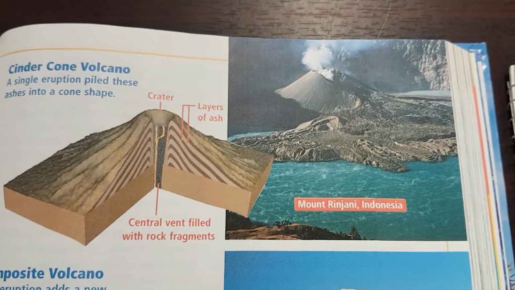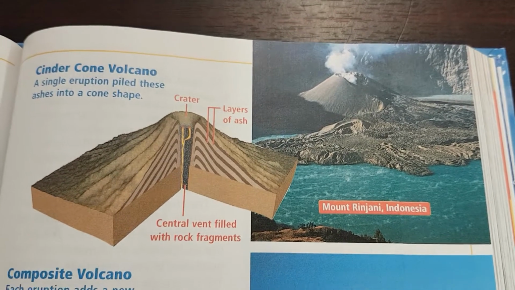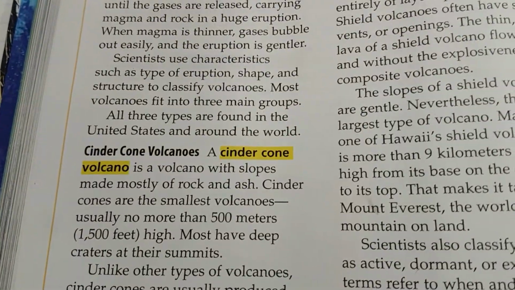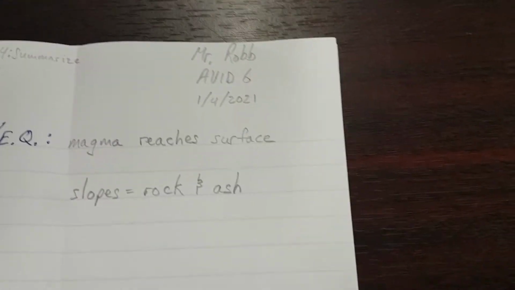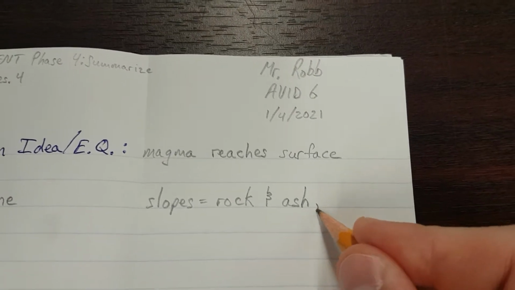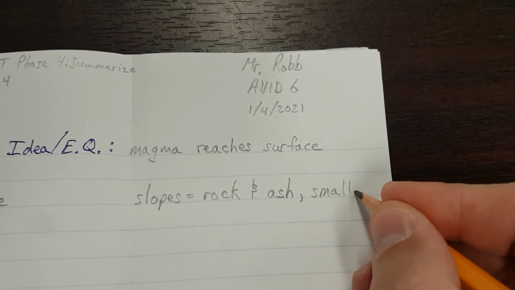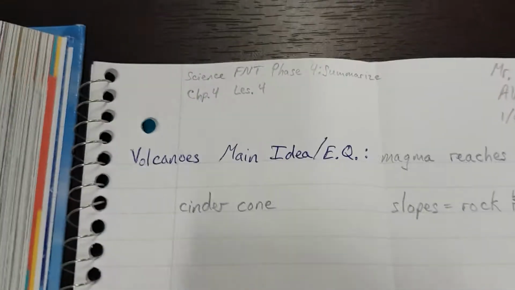Okay, here's a picture of a cinder cone volcano. So rock and ash, and they are the smallest, I believe it said. Yep. Slopes equal rock and ash. Smallest, S-M-A-L-L-E-S-T.